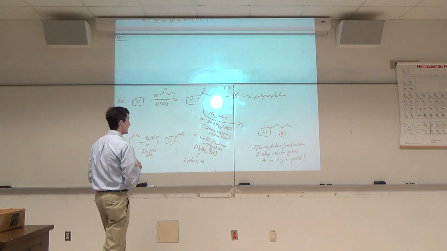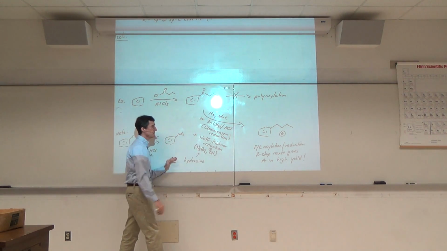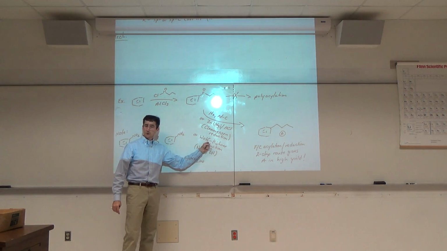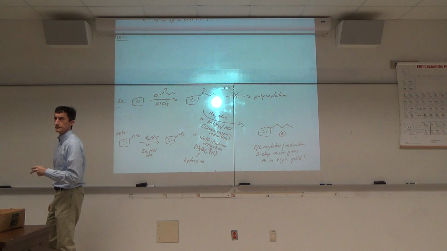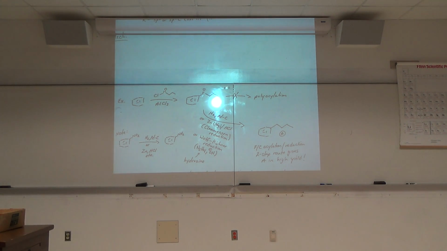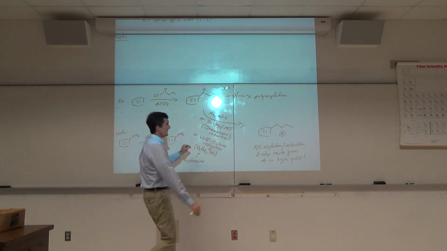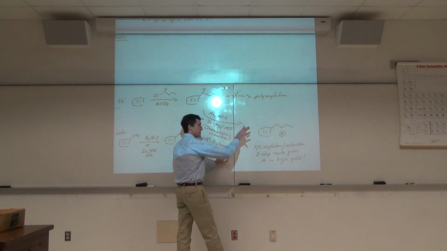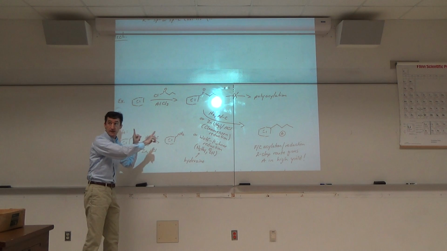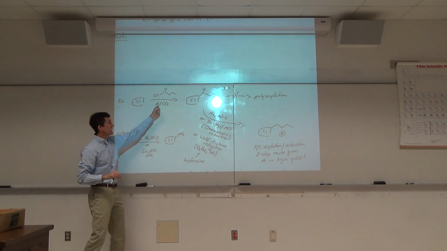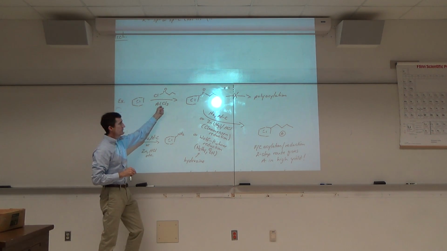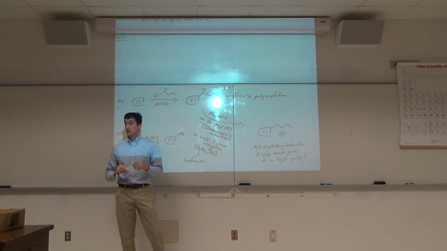So really, none of these are we looking at the mechanism for now. The third one we will look at the mechanism at some point, but not during test 2. Your choice, any of these will remove the oxygen and replace it with 2 H's. Now you have this in good yield. It's a 2-step process. What's the process? Acylation followed by reduction.